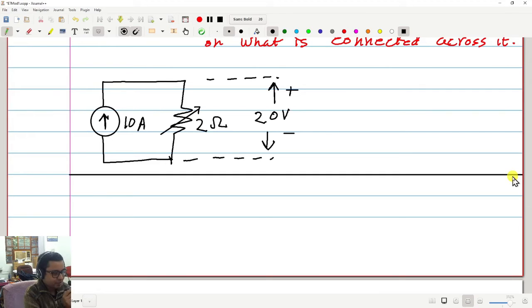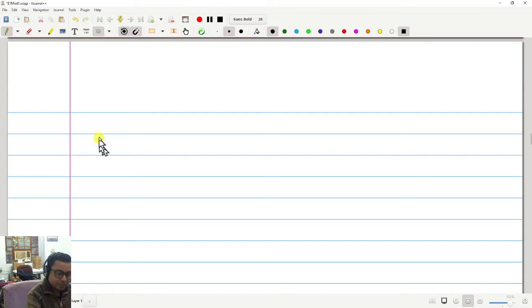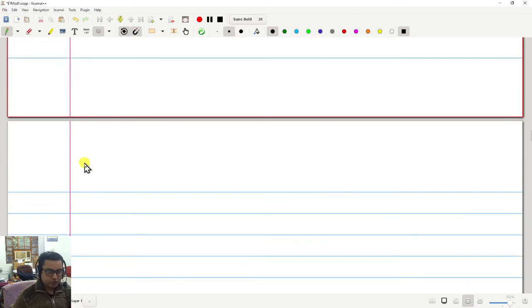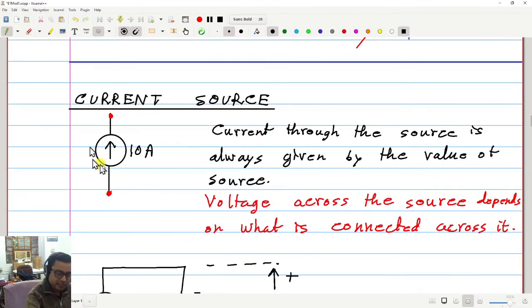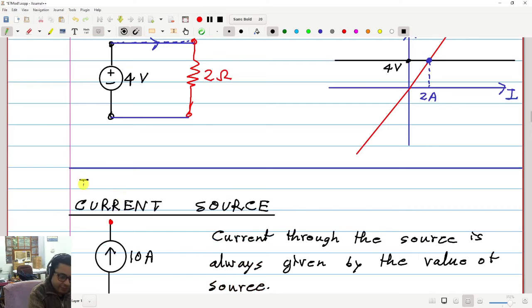On the other hand, you may know about photovoltaic cells, solar cells. Solar cells behave somewhat like a current source. Not exactly, but somewhat. What do I mean by somewhat? That I will clarify now. Okay, so these things that we have talked about here are called ideal current sources or ideal voltage sources.